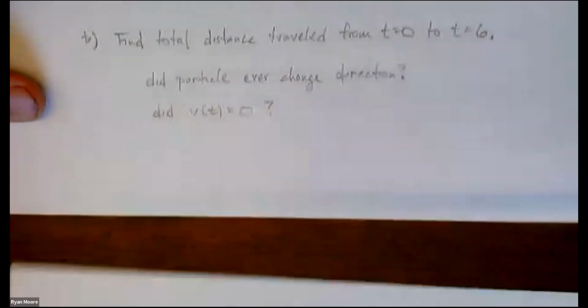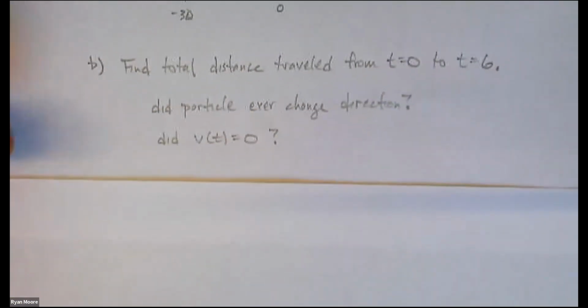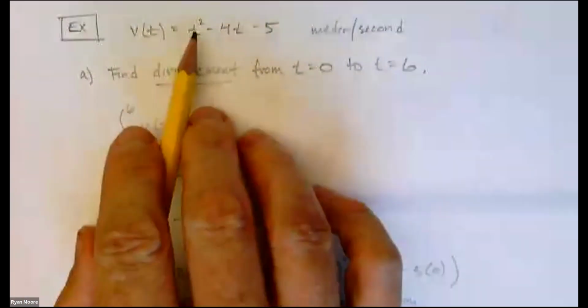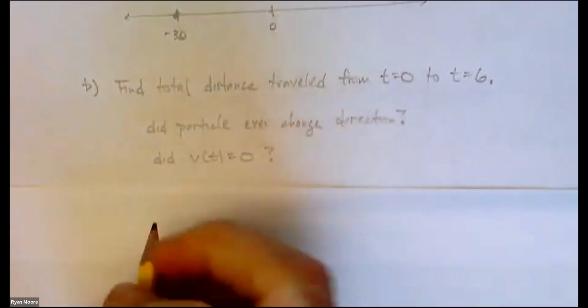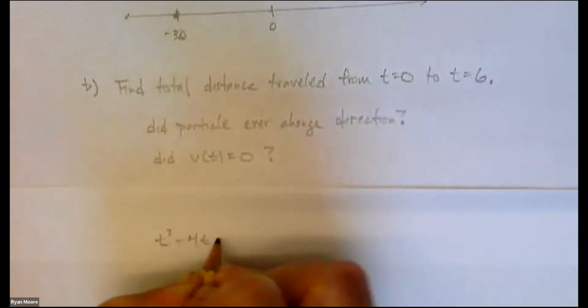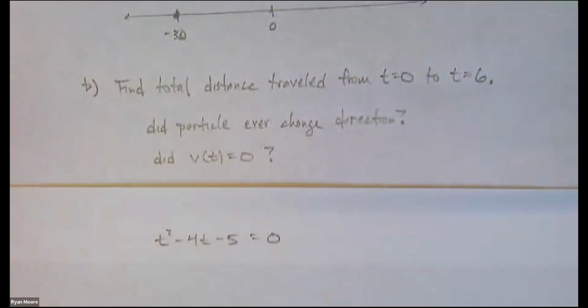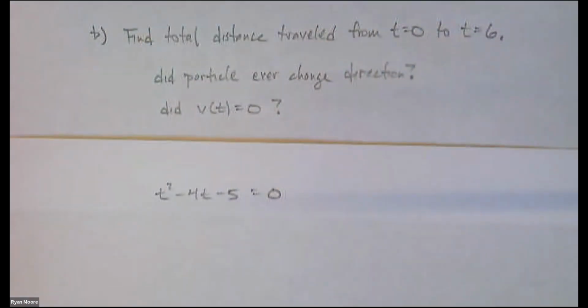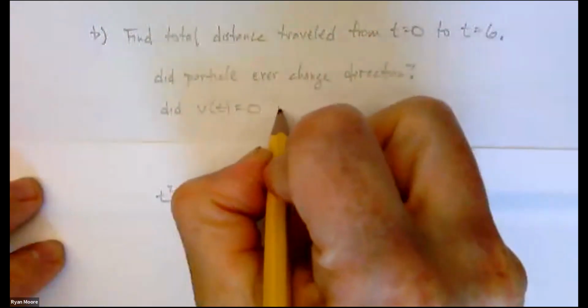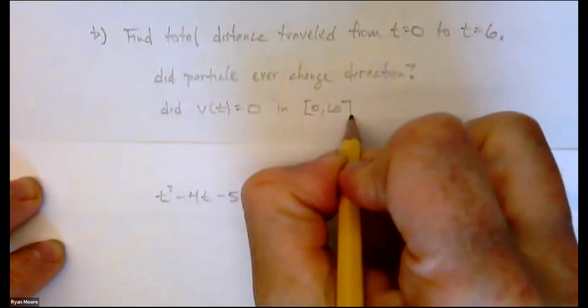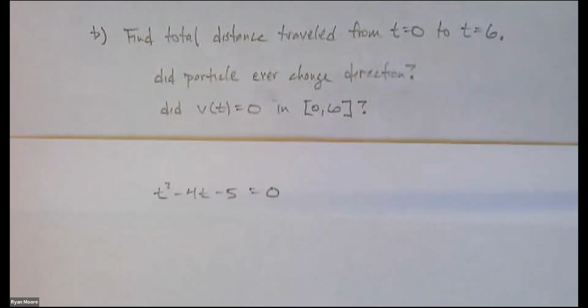Let me grab a new piece of paper here, keep going. The velocity, we've got it way back at the top: t squared minus 4t minus 5. Did that ever equal 0? And remember, we only care about equaling 0 in our time interval, between 0 and 6.